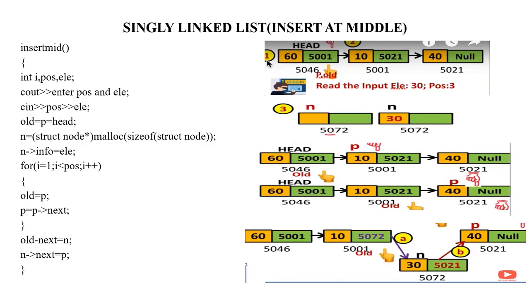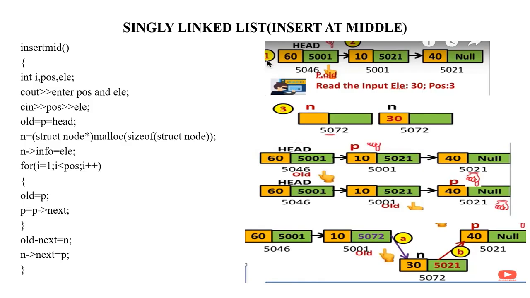In the new node, I'm going to give the data portion and I'm going to use a for loop. So now in the for loop, I'm going to increment the p value. So the p value is going to be incremented until I reach the position which is going to be 2. So up to that position, I'm going to reach. So after reaching this position, I'm going to insert my element.